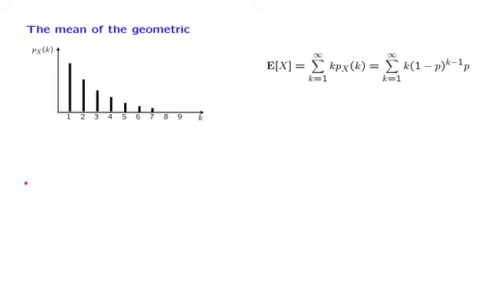The trick is the following: to break down the expected value calculation into two different scenarios. Under one scenario, we obtain heads in the first toss, and in that case, the random variable x, the number of tosses until the first head, is equal to 1, and this scenario occurs with probability p.